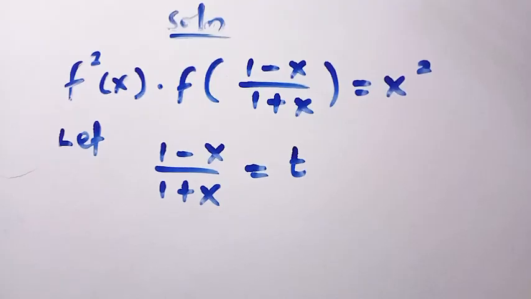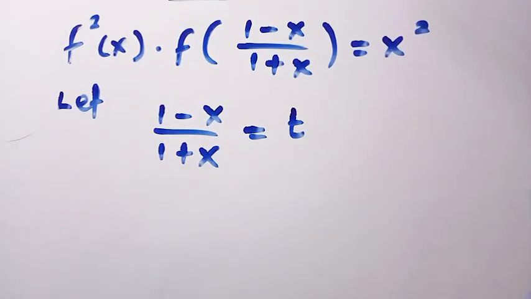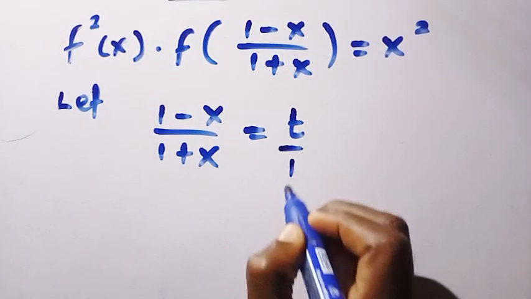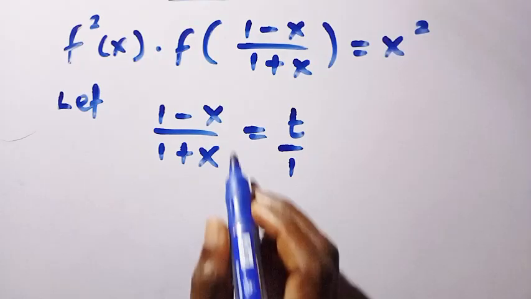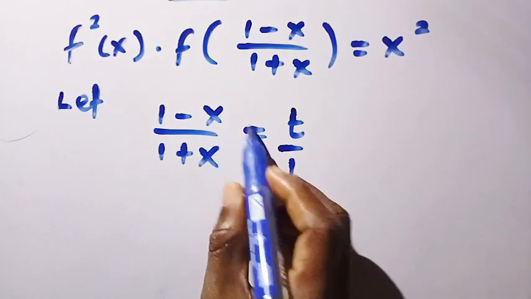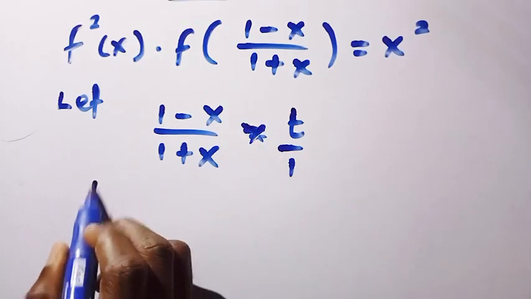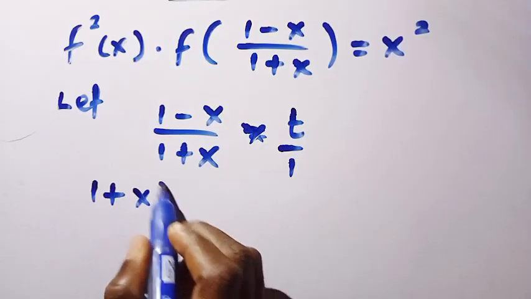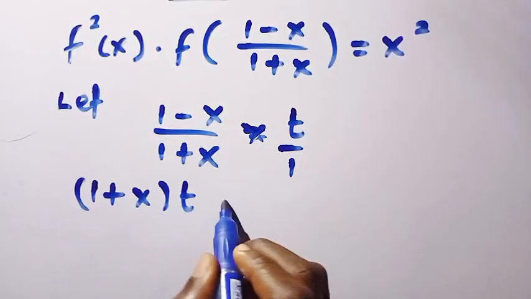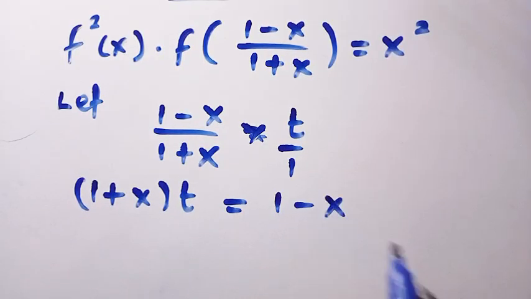Then I want to make x the subject of the formula. If this is divided by 1, then we cross multiply. By cross multiplying here, we have (1 plus x) multiplied by t equals 1 minus x.